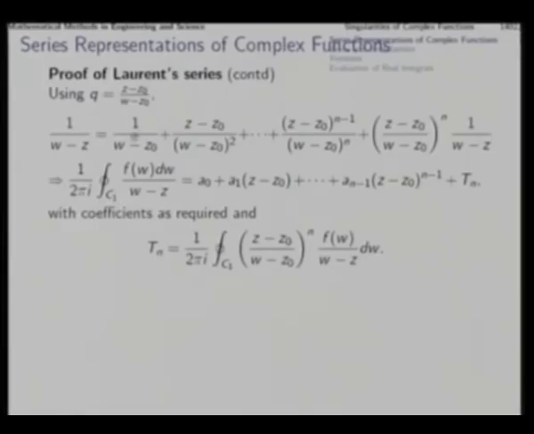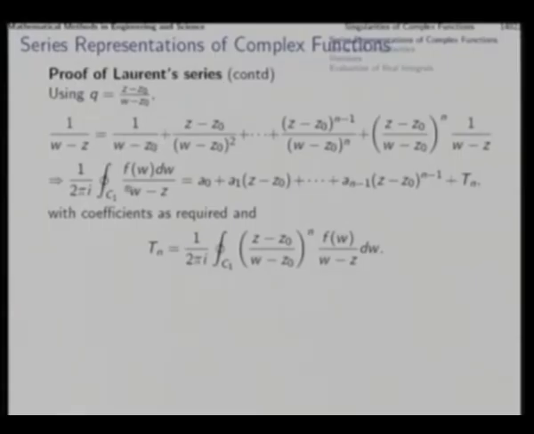So, that means we will multiply each of them one by one and continue to evaluate these integrals. Let us say this multiplied with f(w) dw. That will give us the integral of f(w) dw divided by w minus z0 over this circle.